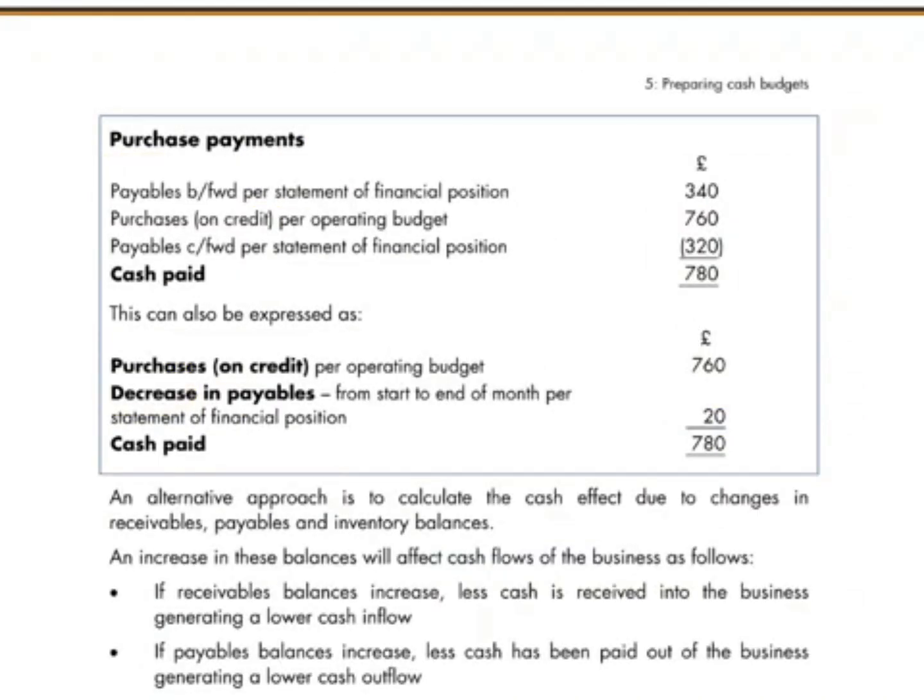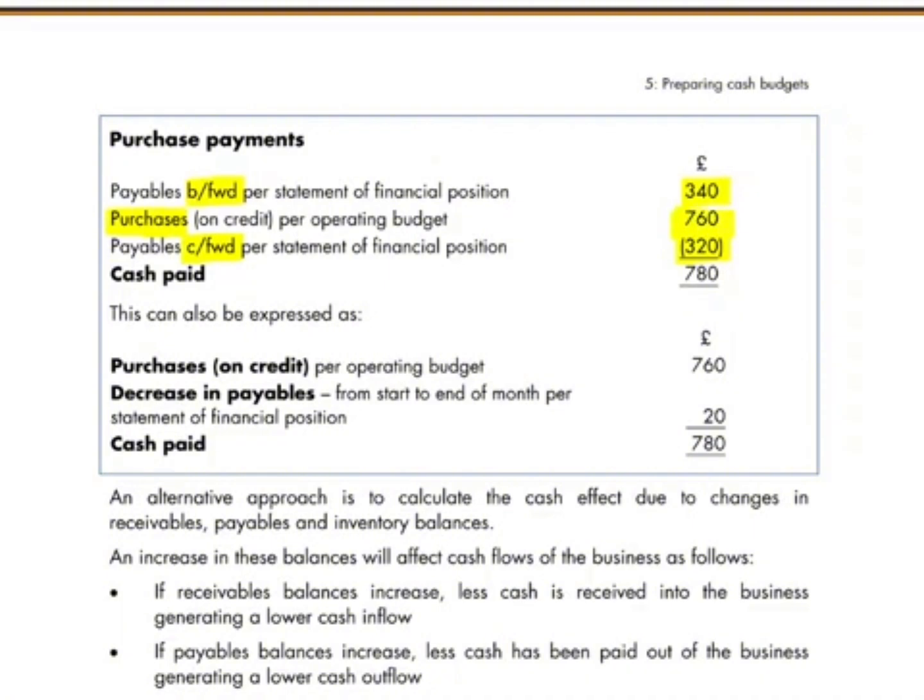We can take the same approach by working out the cash that we paid out for purchases and other payables. So on our statement of financial position, we had a payables brought forward balance of £340 and a payables carried forward balance of £320. And we've recorded purchases on our operating budget of £760.